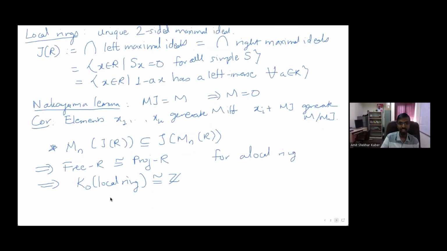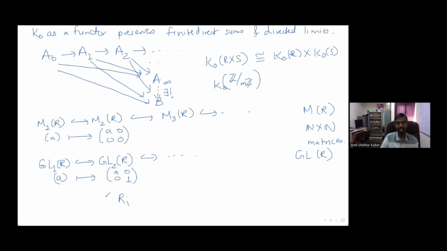So if you are given a directed system of rings and ring homomorphisms, then this is the same as this. This is what it looks like. So you can compute the individual Grothendieck rings and then take the direct limit. That should give you the same answer. Okay.